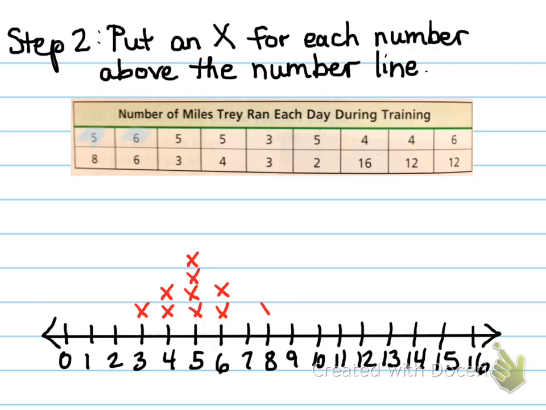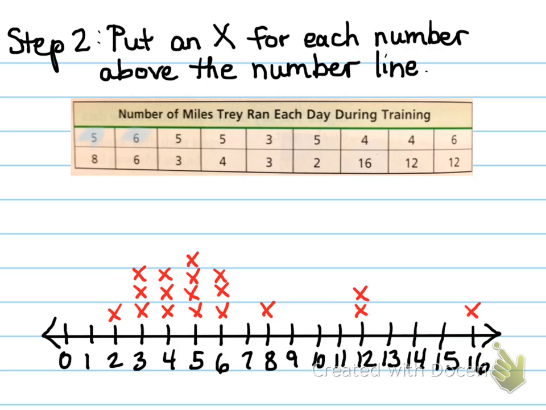I'm going to go through all of my data until I've put X's marking a point for each piece of data that I have. So I've got my completed line plot.